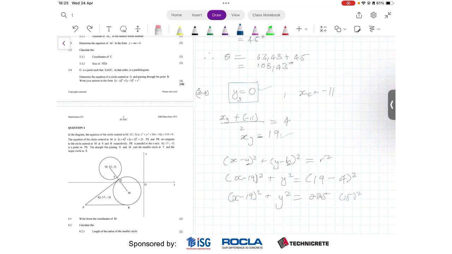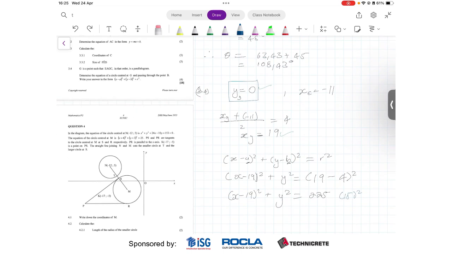After doing that, you plug what you find for xG and yG into your equation for the circle, which is given by (x minus a) squared plus (y minus b) squared equals r squared.